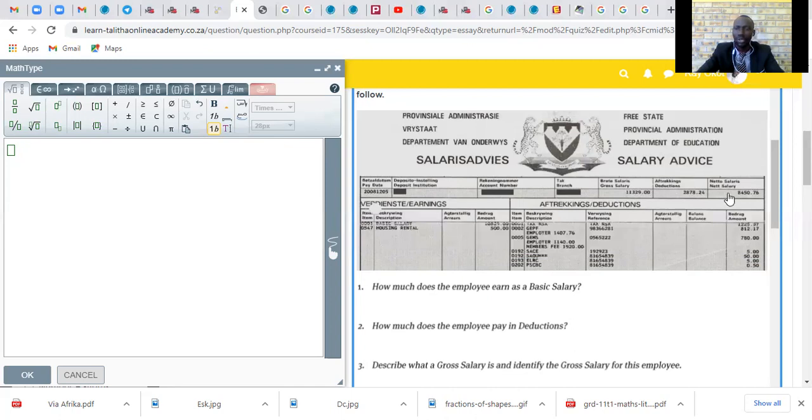So all the terms we looked at some seconds ago are now appearing here. We also have additional descriptions like basic salary and housing rental, and also tax, RSA.